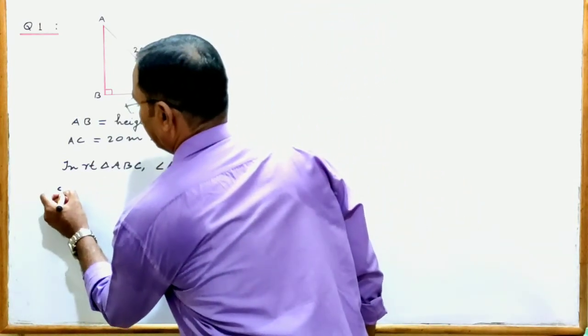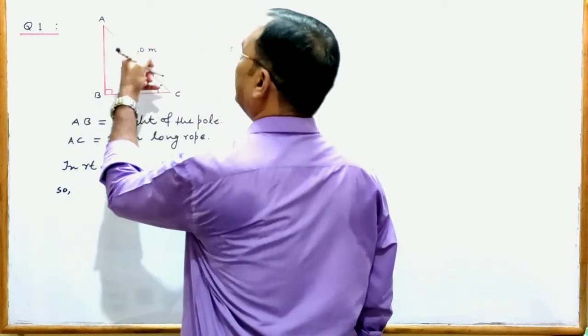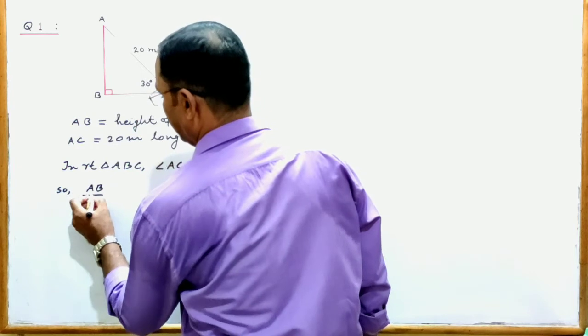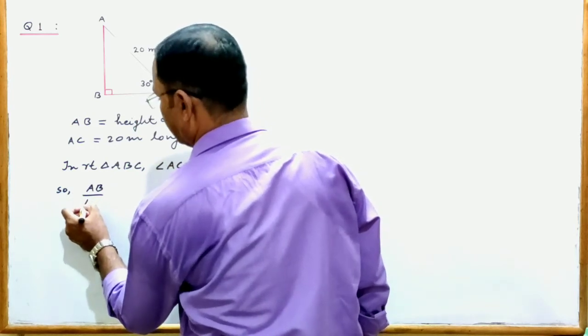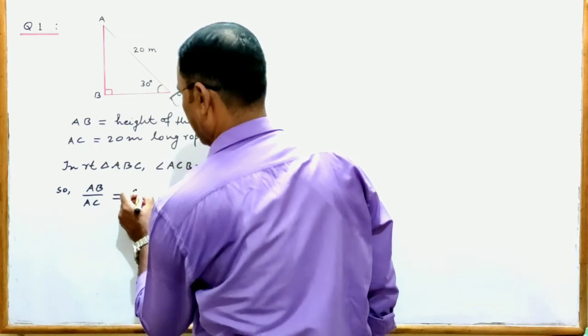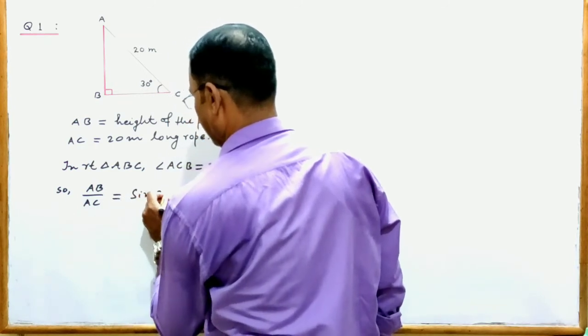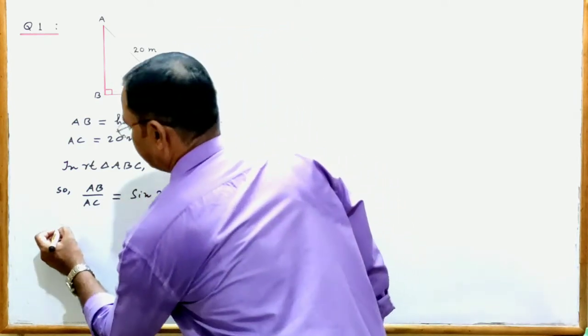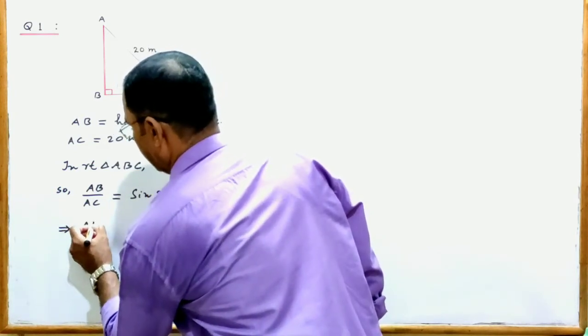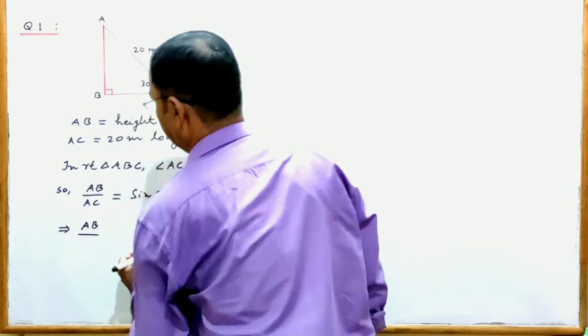So AB by AC, perpendicular by hypotenuse, is equal to sine 30 degrees. AB we have to find, which is the height of the pole.